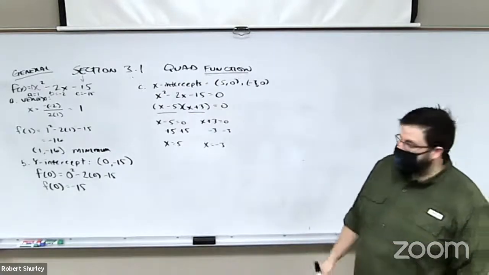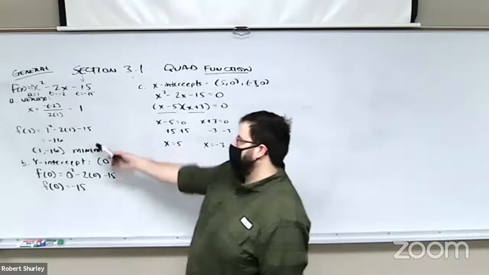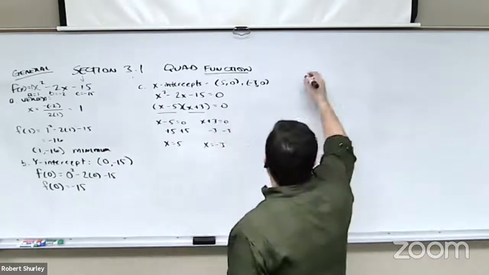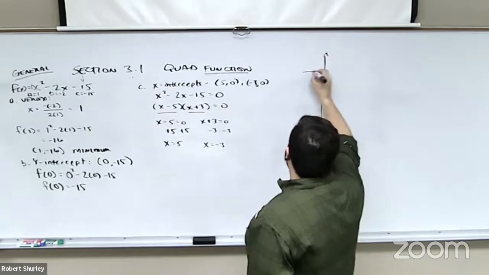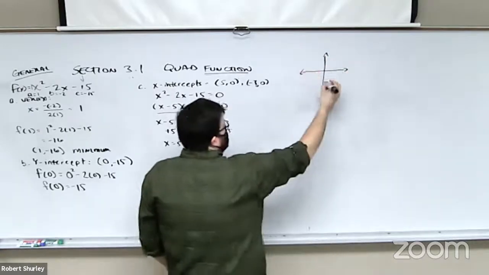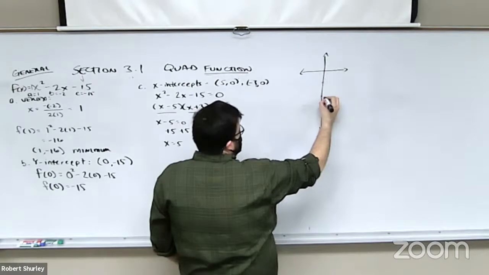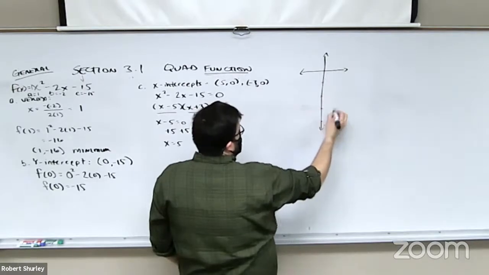So the y-intercept and the vertex go pretty low, so I'm going to take that into account when I make this graph. I'm going to go by 5s here: 5, 10, 15, 20.